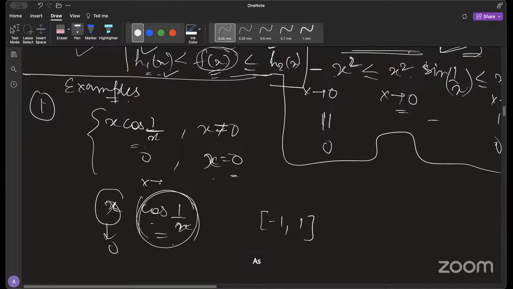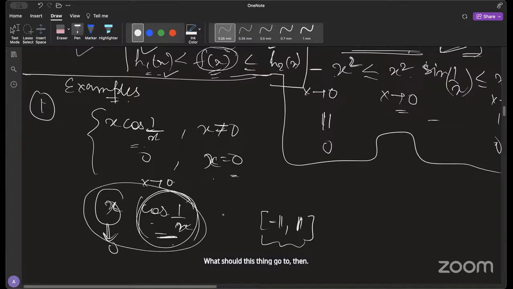As x tends to 0, this thing fluctuates between minus 1 and 1 because that's the value it can take, and your x goes to 0. What should this thing go to then? 0. This should go to 0.